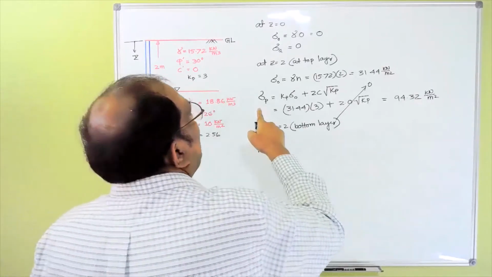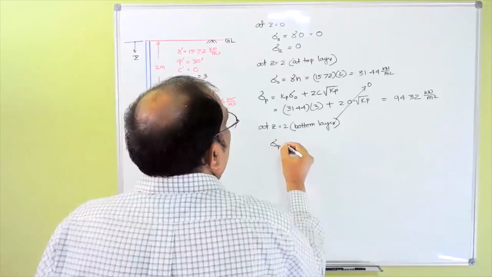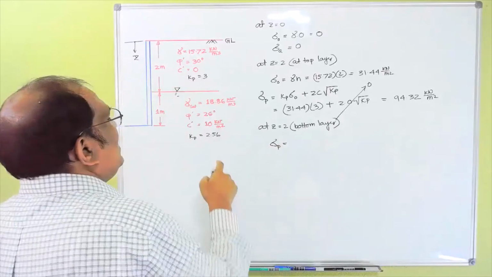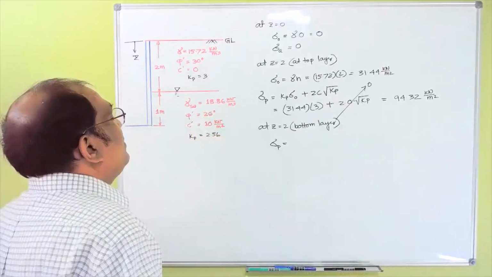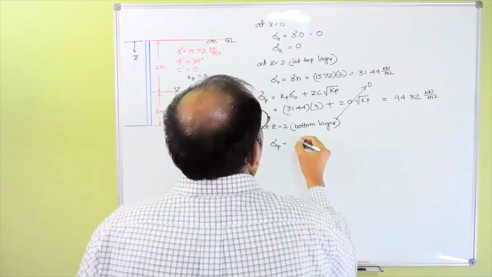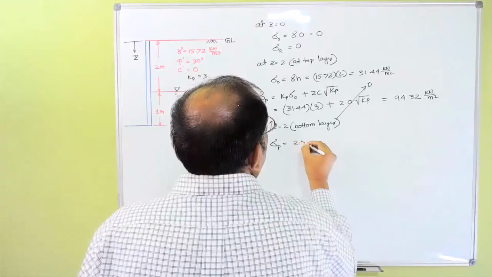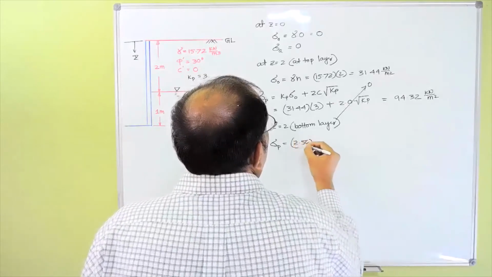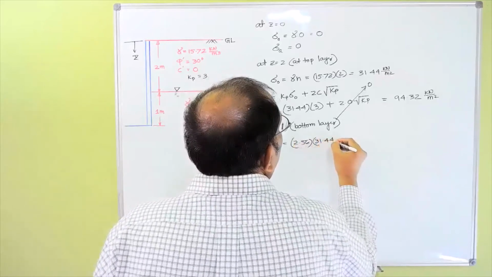But you can see your passive pressure here will change significantly because now I have C here and my phi is a little bit different, so my Kp is also different. So this one has to be Kp, 2.56, into sigma, which is 31.44.